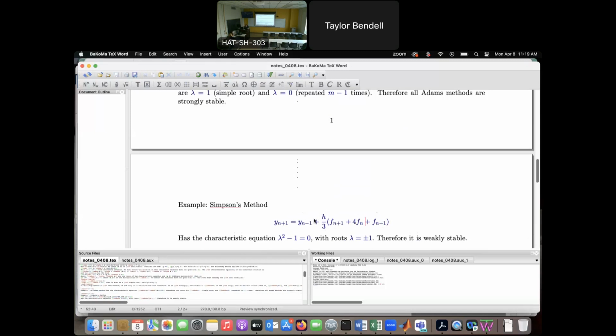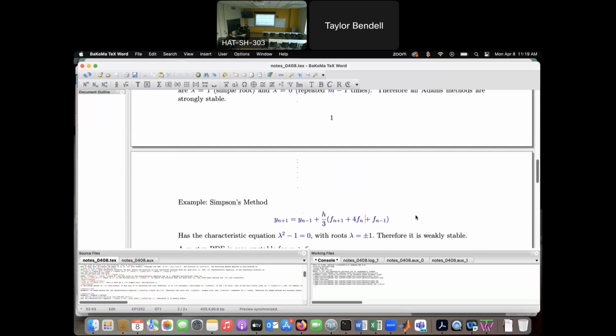So this is an unusual method in that it is only a two-step method, so it only goes back to time t_{n-1}, but it is fourth order accurate, so it's surprisingly high order of accuracy considering how little information it uses. Whereas the Adams-Bashforth method would have to go all the way back to time t_{n-3} to be fourth order accurate.